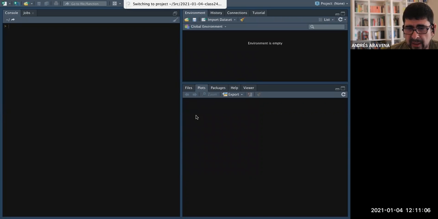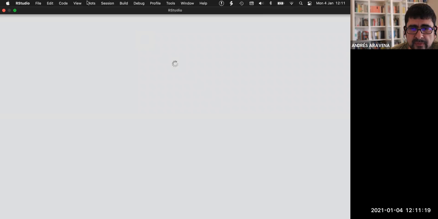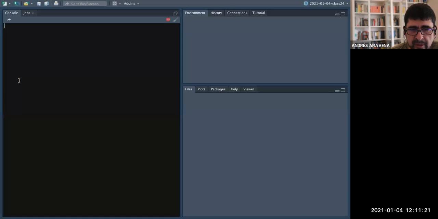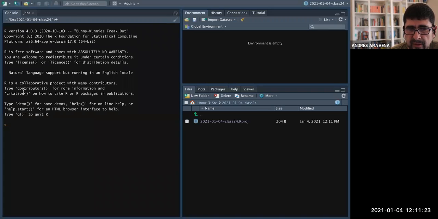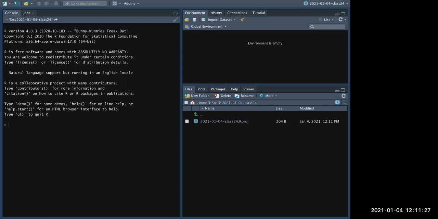To have an environment to put everything. Then, let me turn off my camera because the computer is struggling too much with the camera on.